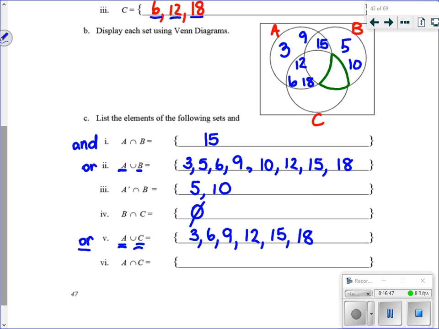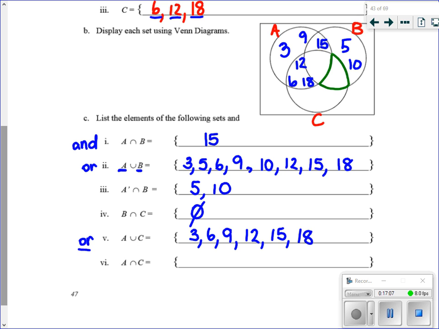Hopefully you got them. I'm pausing so that I can give you a chance to find them and not just take my word for it, but so that you can get used to finding it on this Venn diagram and working with these terms and symbols.